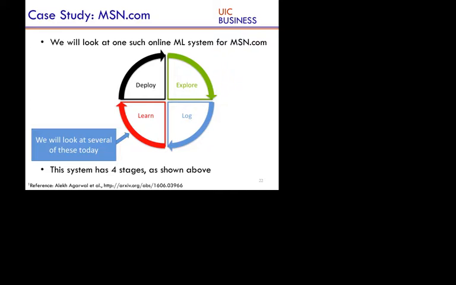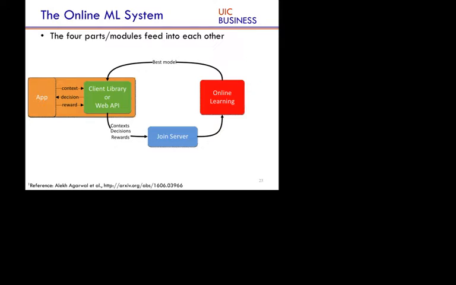Okay, so this is a little bit more in detail of what the 4 parts look like. In their case, they put the 4 parts in the 4 corners, right? 4 directions. Okay, let's actually discuss.